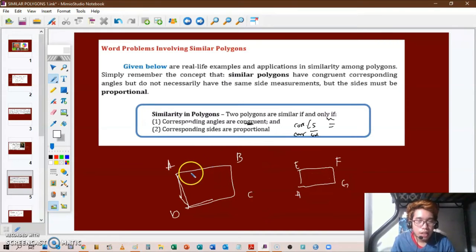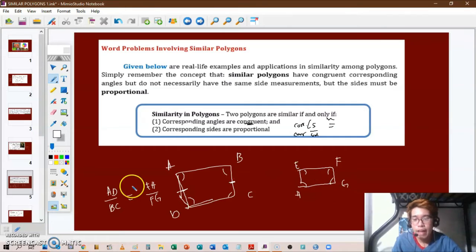So we can say that AD over BC is proportional to EH over FG, because we know that their corresponding angles are all congruent, and also their corresponding sides are proportional. So AD over BC is proportional to EH over FG.